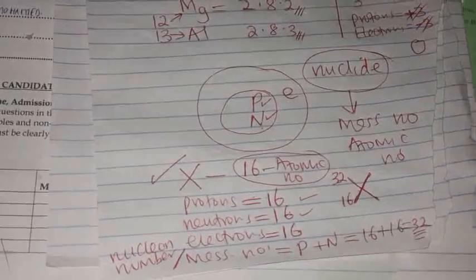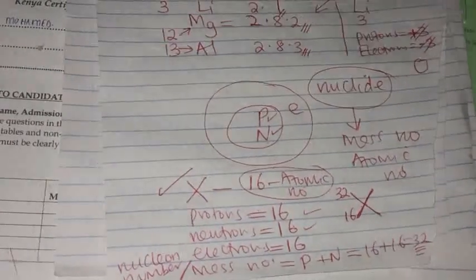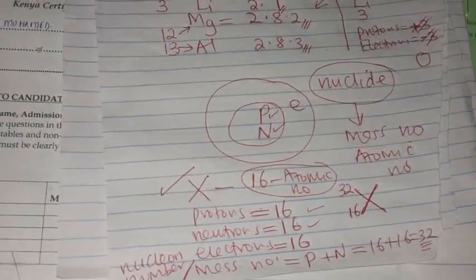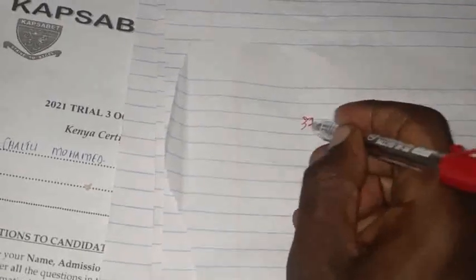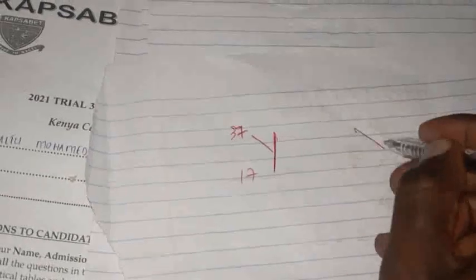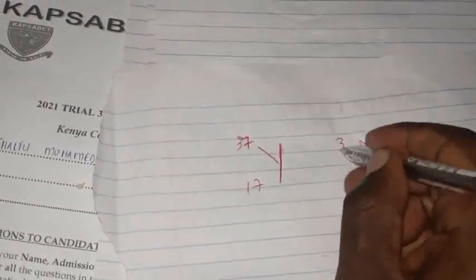Okay. If you look at this, then that means you're going to say, for example, that element Y can have 37 and 17. And an atom of the same element can as well have 35 and 17.